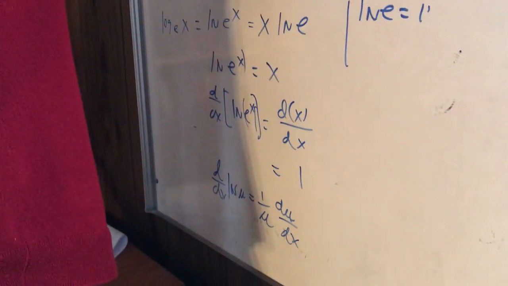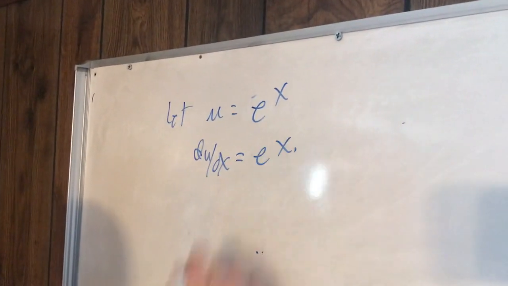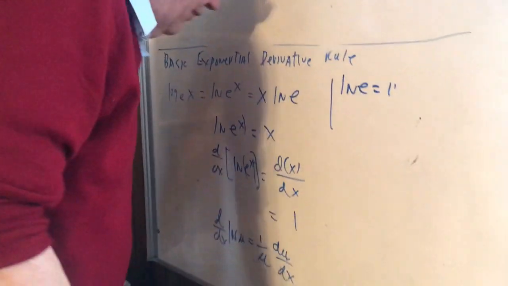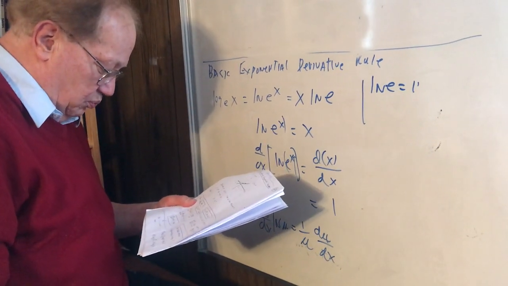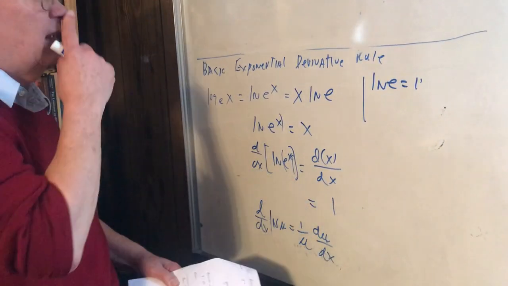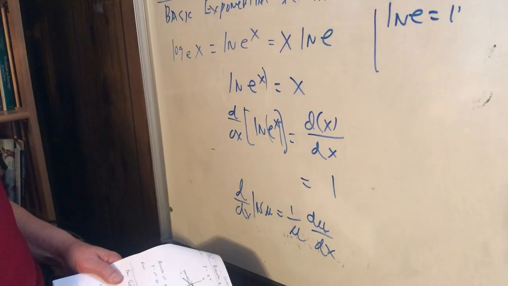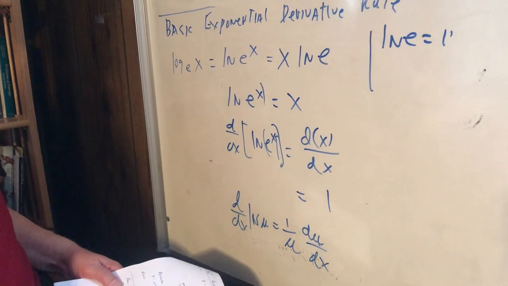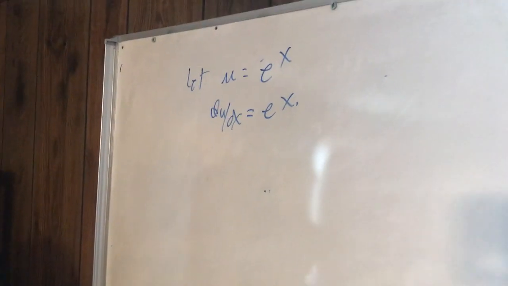So du dx actually is e to the x. So I really don't solve too much by doing this, but we'll show you what happens. In fact, I'm not going to do that. Here's what I'm going to do. Let me revise what I have here. So I'm going to revise what's in your notes.